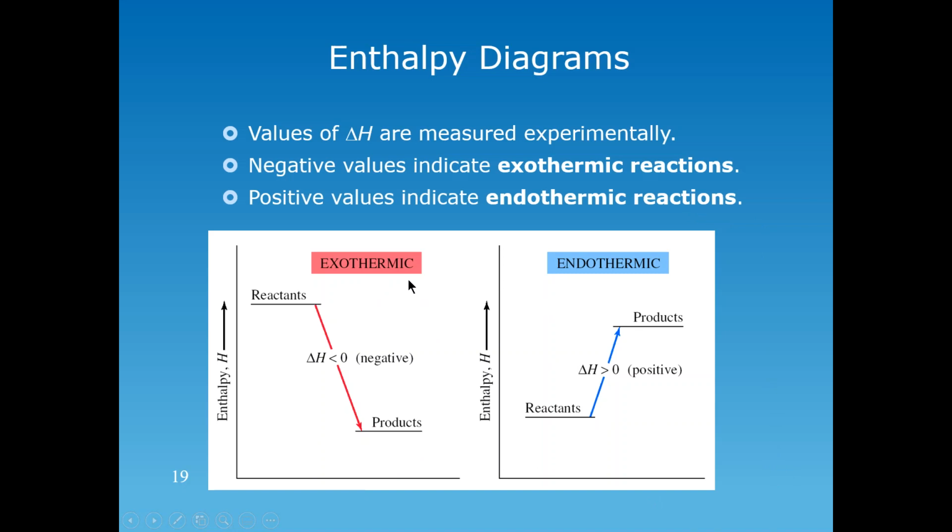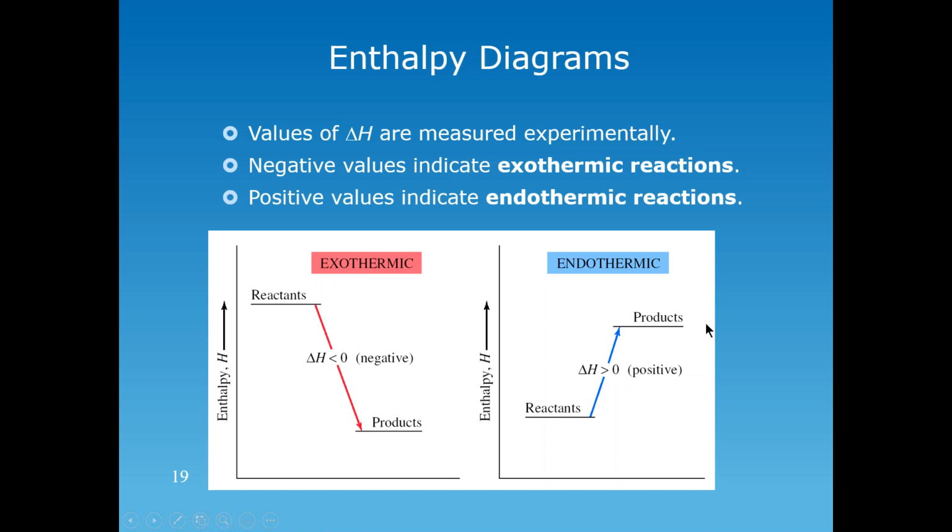So the diagram on the left represents an exothermic reaction, where the enthalpy of the reactants would be greater than the enthalpy of the products. So as you go from reactants to products, there's a decrease in enthalpy, which means that delta H is negative, which means that going from the reactants to the products, heat is lost by the system. So we're talking about an exothermic reaction in that case.